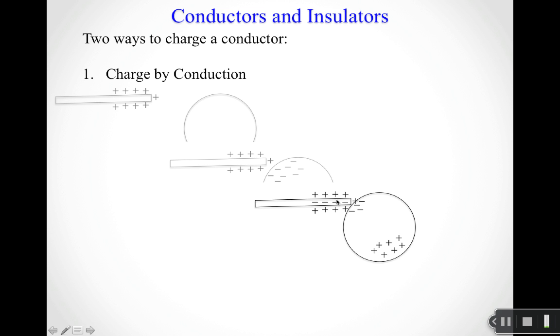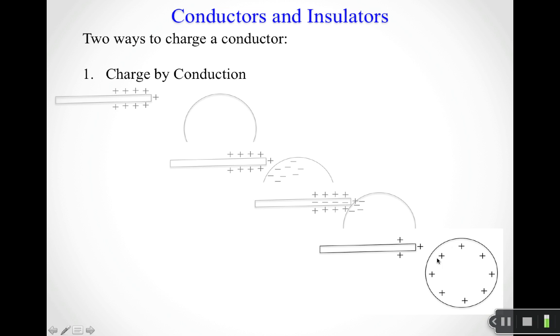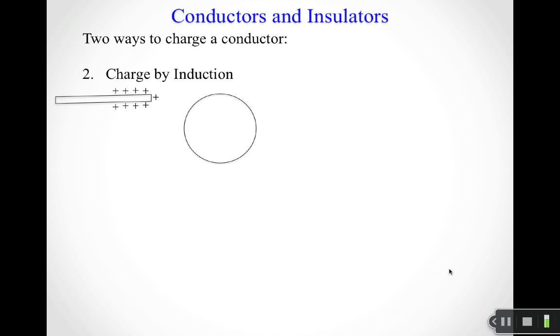And then I'll actually put them into contact, basically just touch the rod to the sphere. And so some of those free electrons will transfer over to the rod. And so what I'll be left with is now fewer electrons than what I should have, so that I've charged by conduction. I started with a positive rod, and I've given some of that positive charge to my conductor.